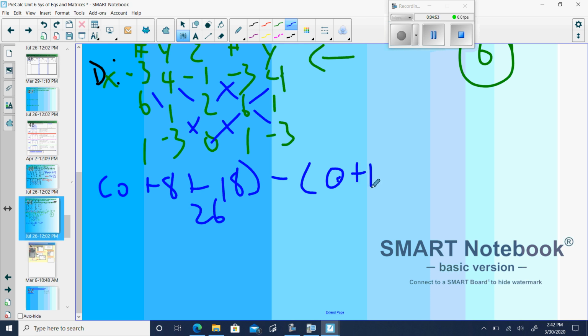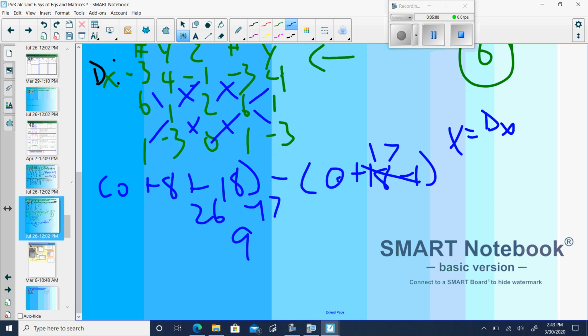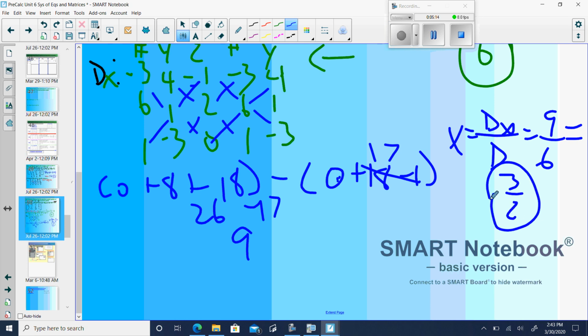Negative times negative is positive. So 1 times 1 times 1 is 1. And we have a negative sign. So we have 26 minus 17, so that's 9. So x is dx over d, so 9 over 6, 3 over 2.